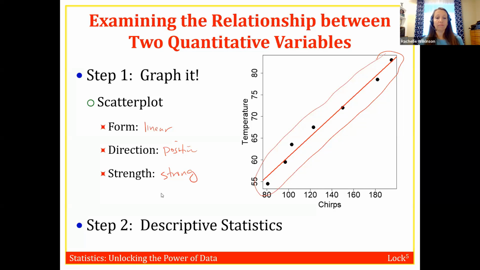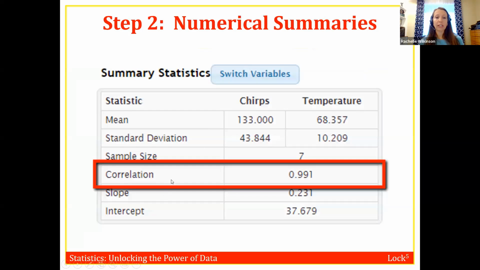Yeah, correlation. Okay, so correlation, and here in StatKey, remember if we look at two quantitative variables, it gives us all this information on the side, and it will tell us the correlation. So for the chirps and the temperature, we see that it has a correlation of 0.991. And 0.991 would be a really, really, really strong linear relationship.